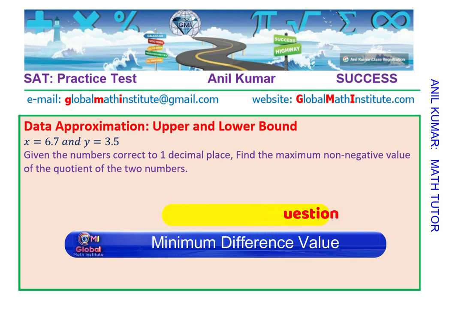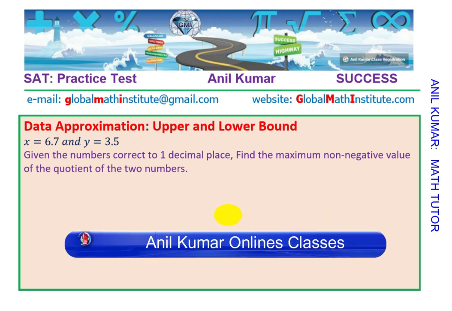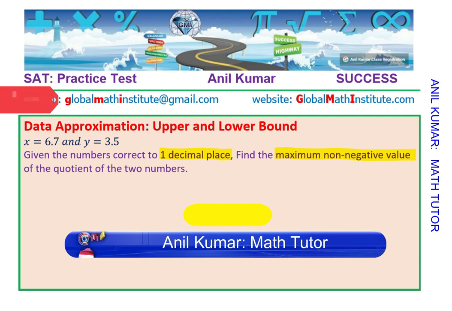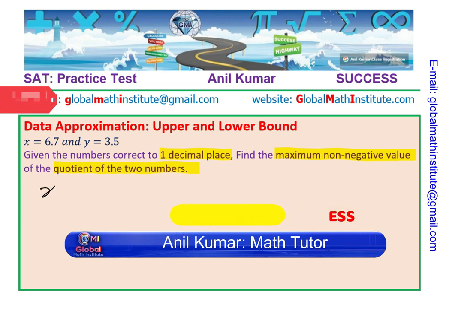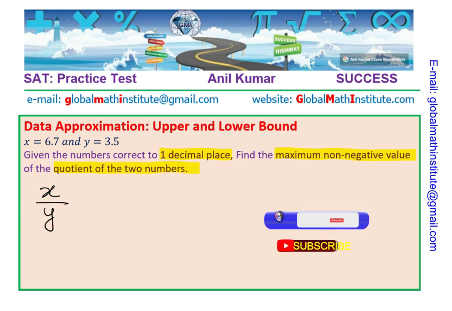The question says x is equal to 6.7 and y is equal to 3.5. Given the numbers correct to one decimal place as last time, find the maximum non-negative value of the quotient of the two numbers. So for the quotient, we want the maximum value, which means we want the value of x over y as maximum.